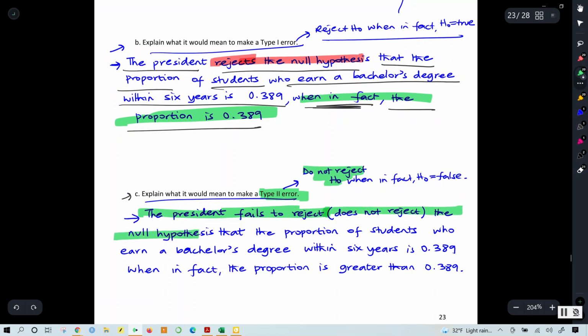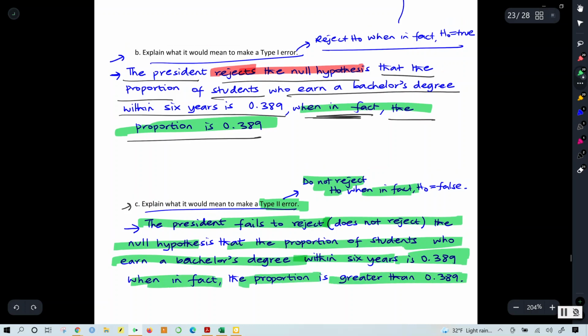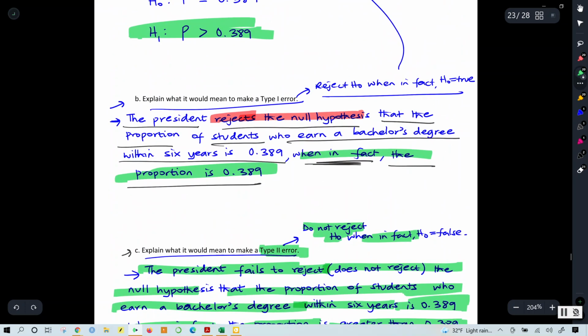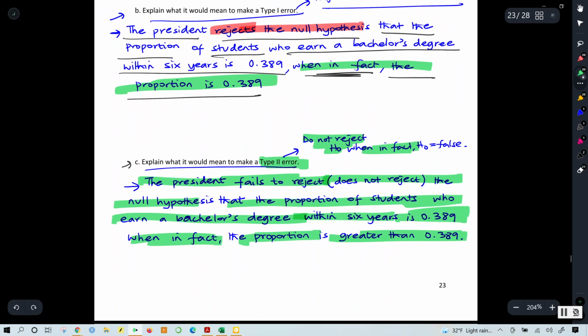And what does the null hypothesis say? That the proportion of students who earn a bachelor's degree within 6 years is 0.389, when in fact, the proportion is actually greater than 0.389. So with that said, we have that question completed.